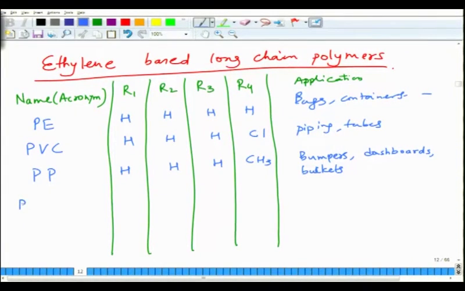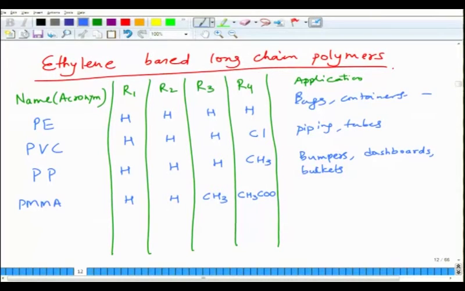Then you have PMMA, polymethyl methacrylate. In this case, you have 2 hydrogens, one is replaced by CH3 and another one is replaced by CH3COO. This is used for a variety of applications, much harder.